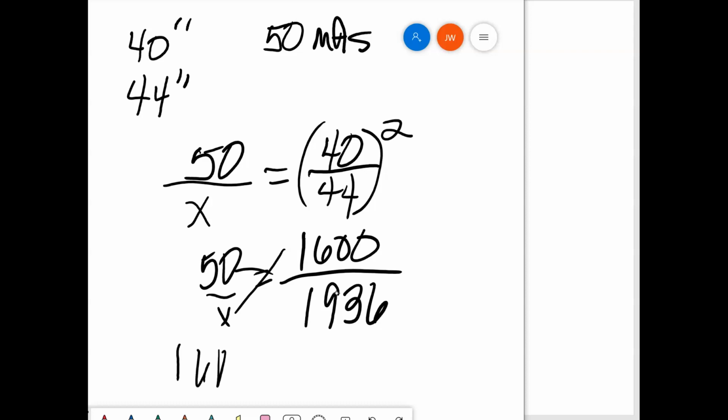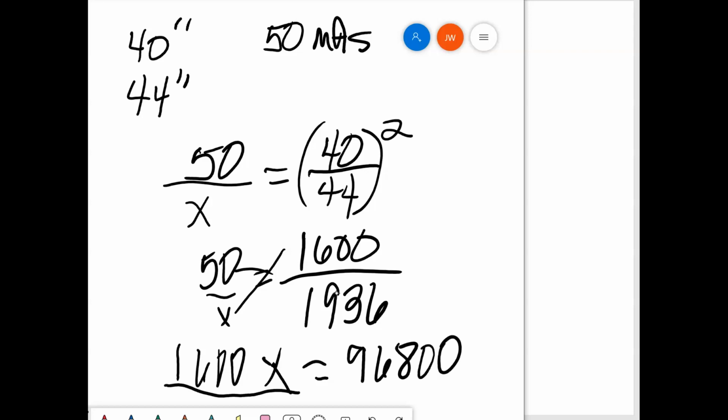So 1600x equals 50 times 1936, which is 96,800. And to isolate the x, we divide by 1600. Divide both sides so they don't feel bad. And 96,800 divided by 1600 is 60.5.